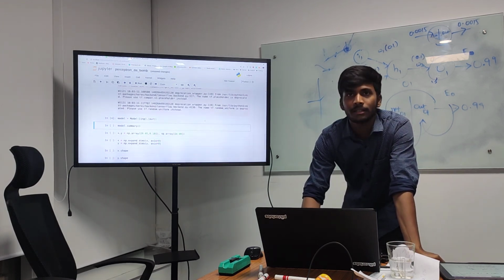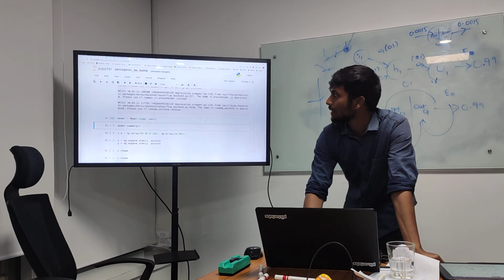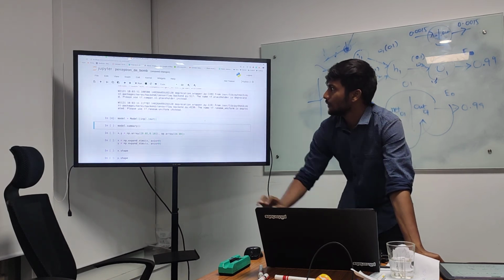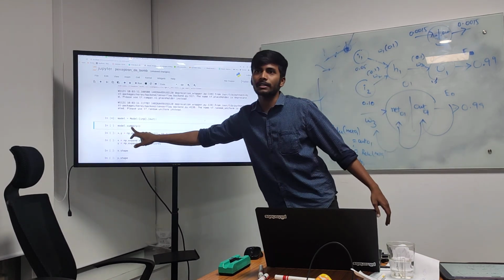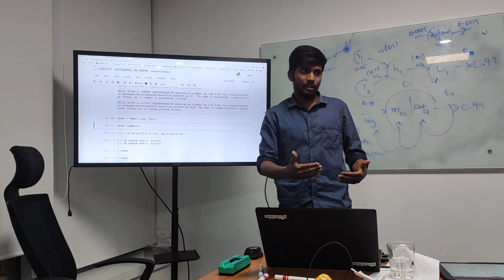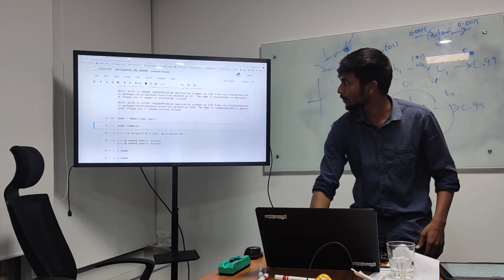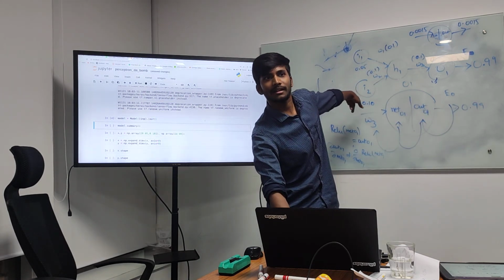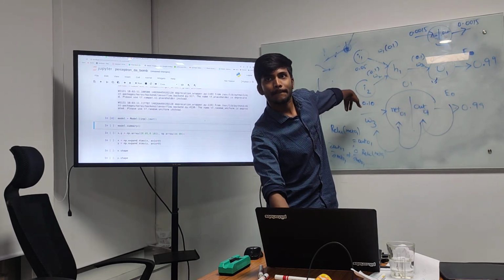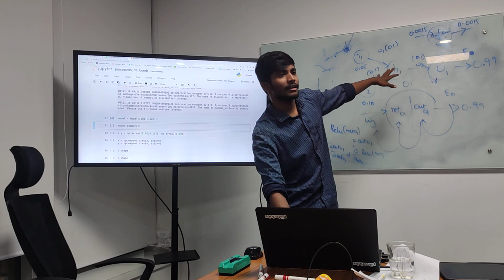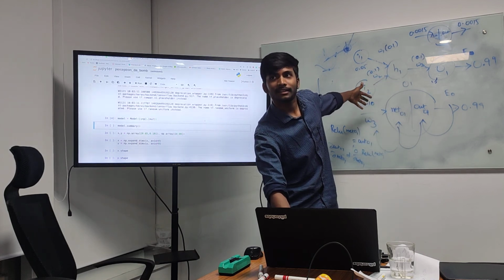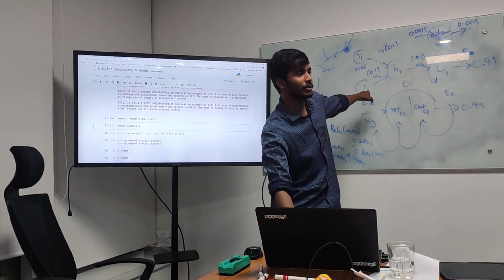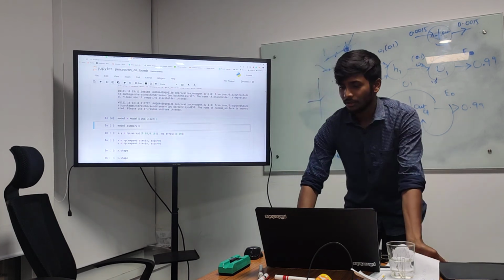model.summary is a helper function that these guys have written. Whatever model I have defined, if I do model.summary, it will give me a textual summary of the whole model. How many parameters do we have right now which we are learning? 3. You sure? Learnable parameters, how many? 3. W1, W2 and W3.